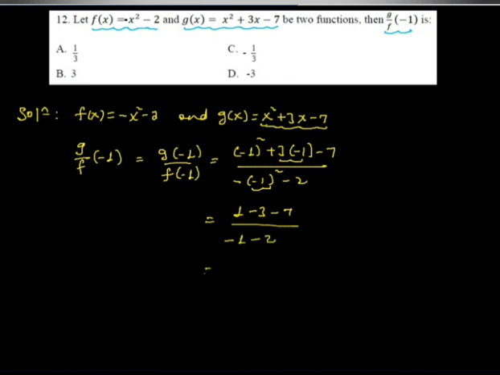So this becomes 1 minus 10 over -3, the result is -9 over -3 which will be positive 3. So the answer for question number 12 is B.